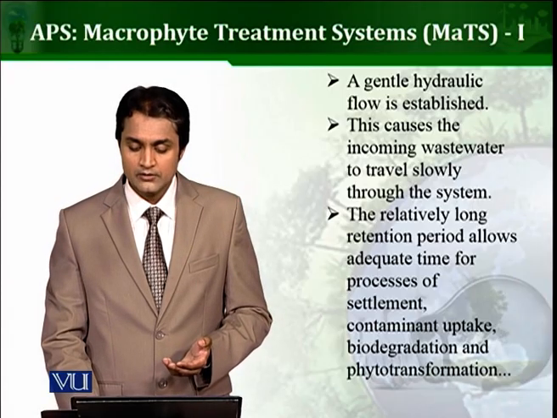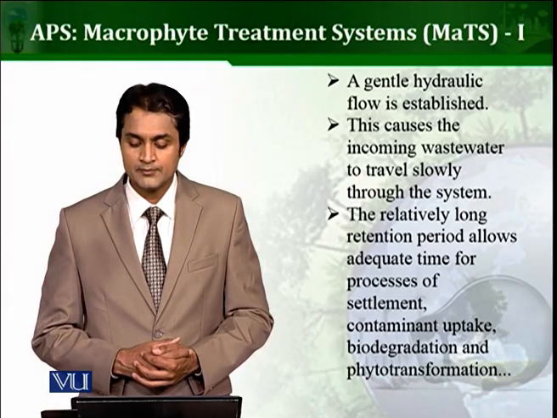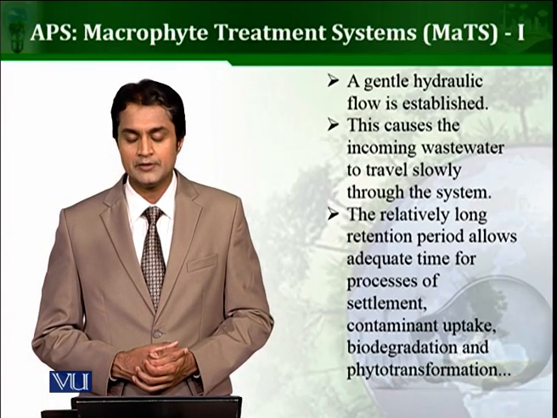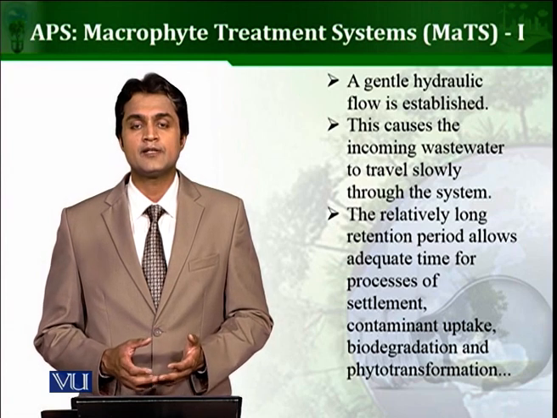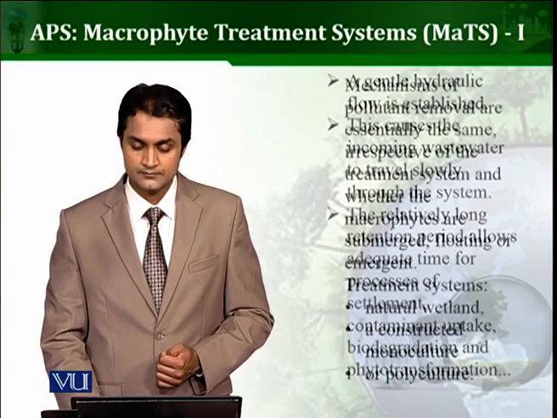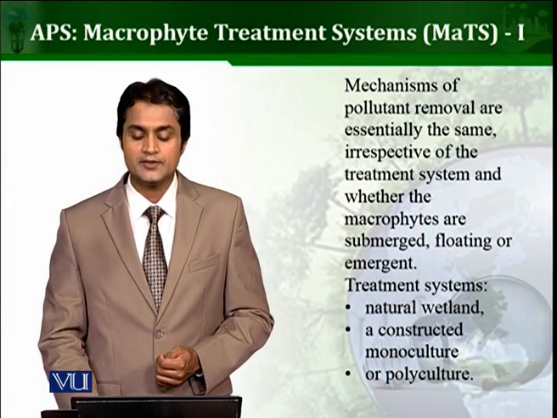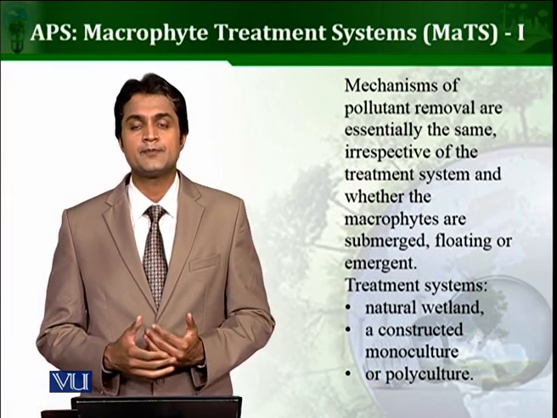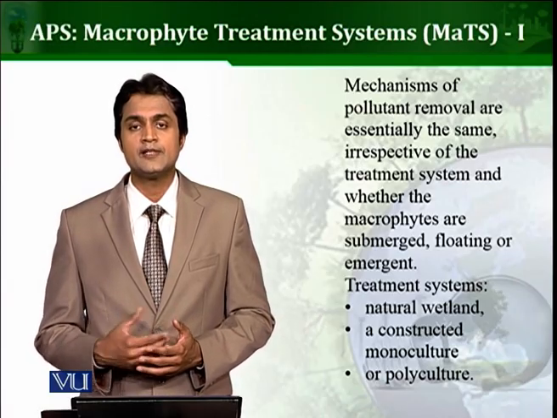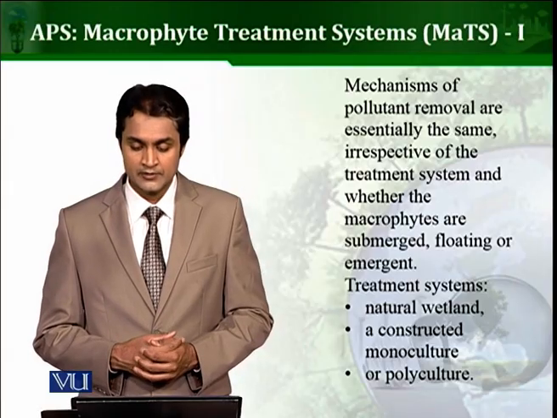Now, the relatively long retention period allows adequate time for the process of settlement, contaminant uptake, biodegradation, and phytotransformation. All these processes are happening in the macrophyte treatment systems. Now, as we said earlier, the treatment systems and the processes are identical, to a large extent similar, with those that operate on land by phytoremediation.